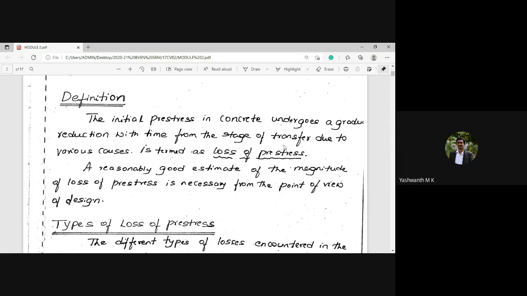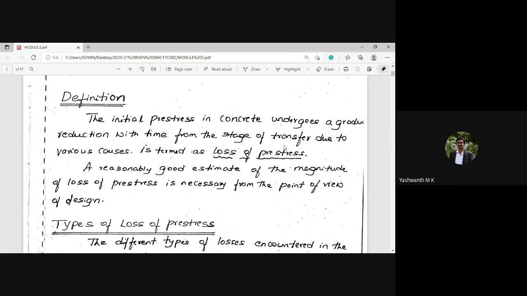Till now in module number 1, I have discussed transferring of pre-stressing force and nullifying the resultant tensile stresses developed due to the external load. In this module, what I am going to teach you is that whatever pre-stressing force is induced through the cable profile will undergo gradual reduction with time.